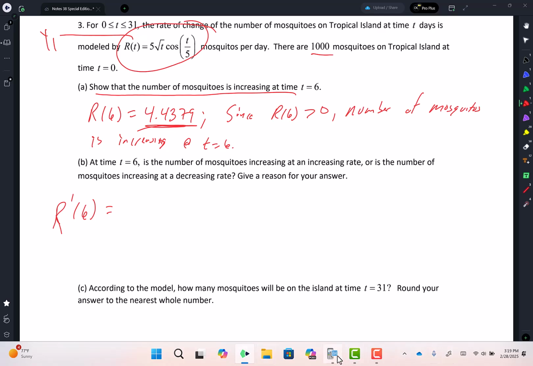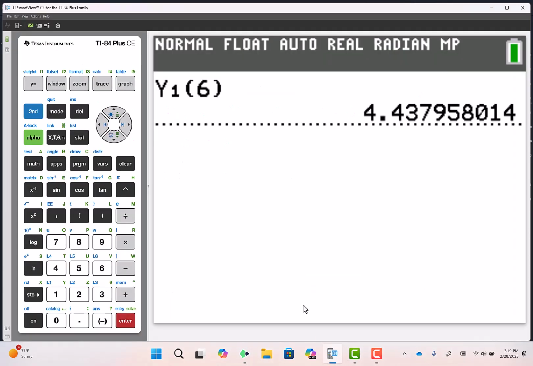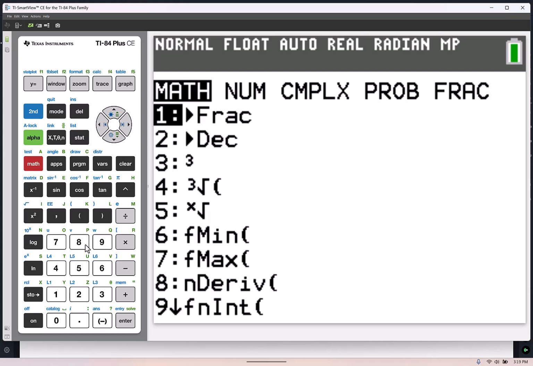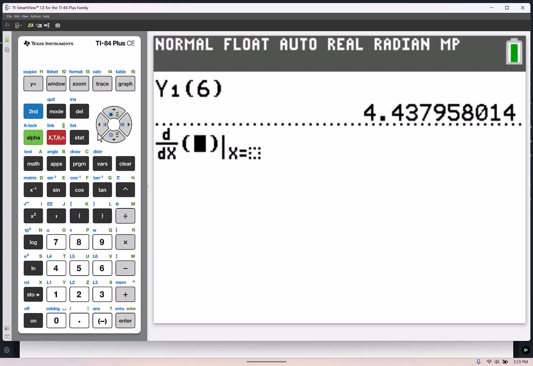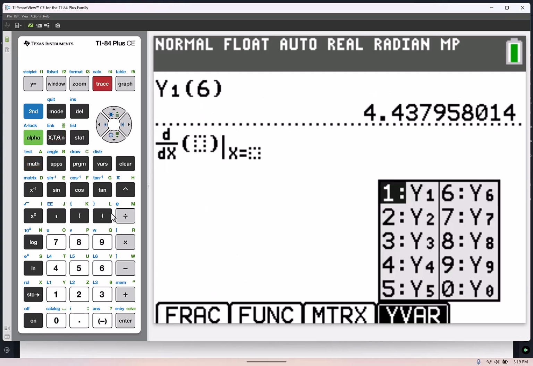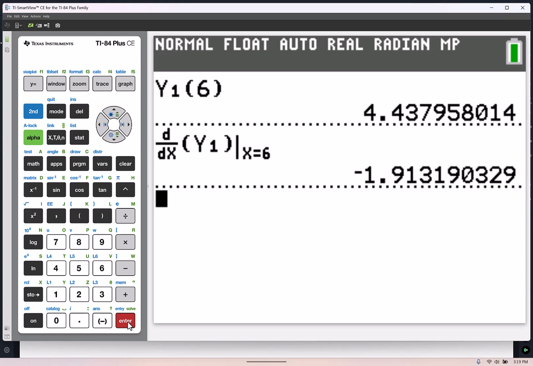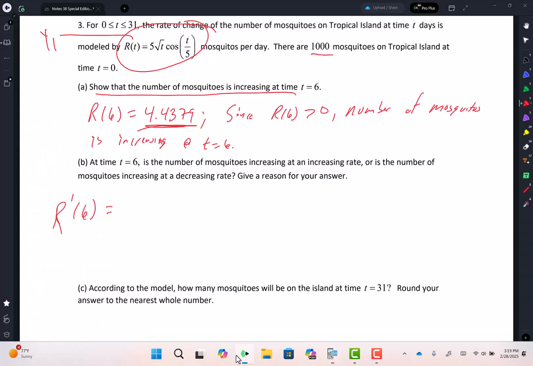So here it is. Ready, Chavez Dua? How do I get the derivative in here? Math, 8. Perfect. I put an X in there. I go alpha trace Y1, and I'm going to put it at what value? Yep, and I push enter. And what did I get? Negative 1.9131 or 32.